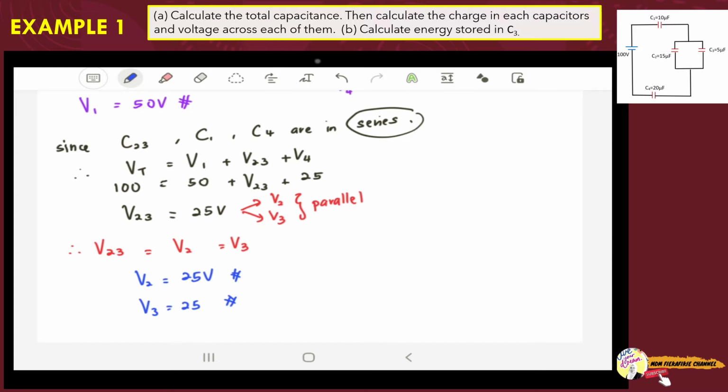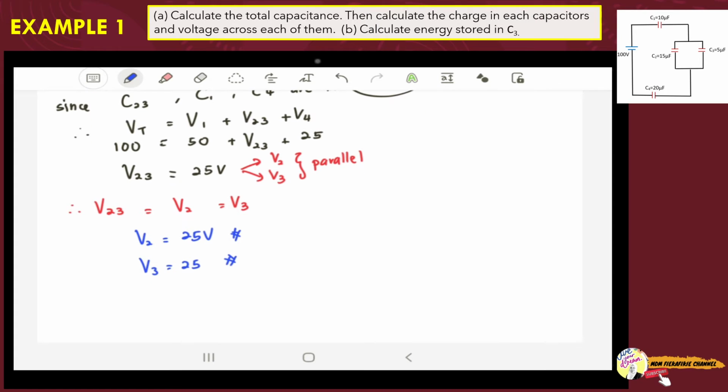Okay, so sekarang dah ada V2 and V3. Now we can calculate what is the charge across C2, which is Q2 equals C2V2, and Q3 is C3V3. Okay, so we can substitute. C2 is 15 micro, times 25.